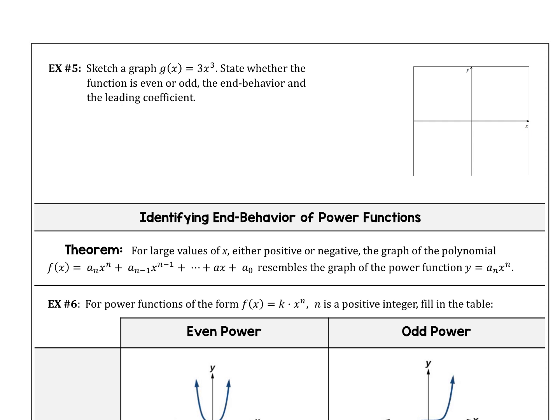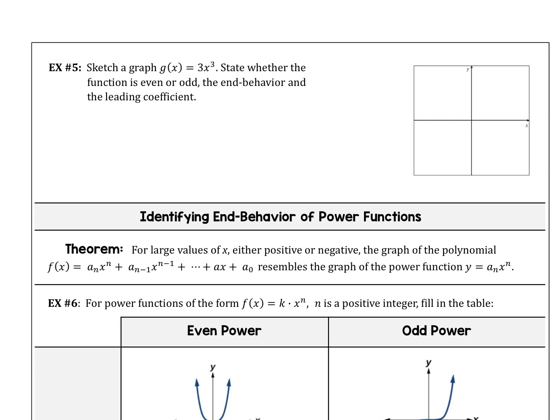All right, sketch a graph here. So tell me, what do we know about this number? What do we know about K? K is what? K is positive, and A is what? Odd. So can you sketch the graph of this? What's the graph of this guy going to look like?